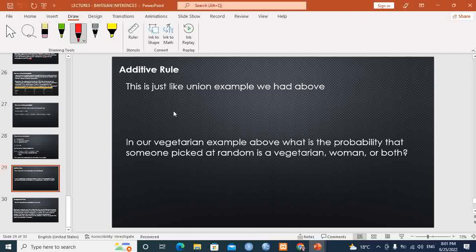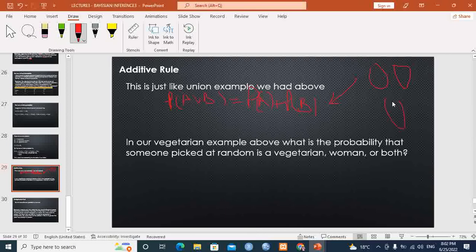For instance, the probability of A union B is equal to the probability of A plus the probability of B. We say this when two events cannot happen together, so the two events are not intersecting.